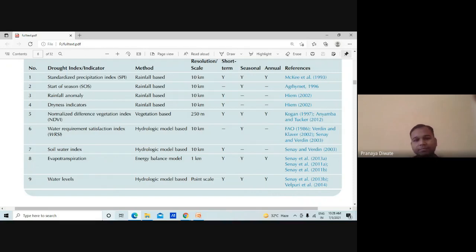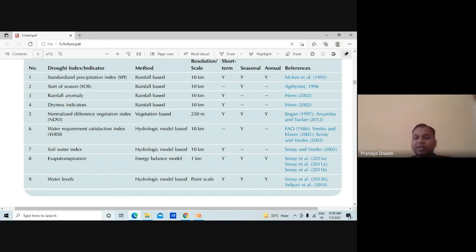Then the resolution is 10 kilometers. Rainfall does not change much within 10 to 20 or 50 kilometers; it is more or less the same. So this 10 kilometer resolution is more than enough for your study.